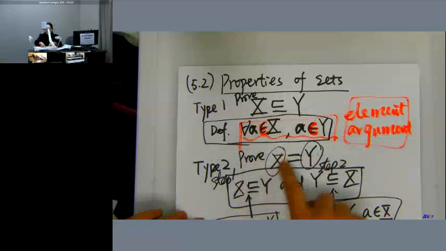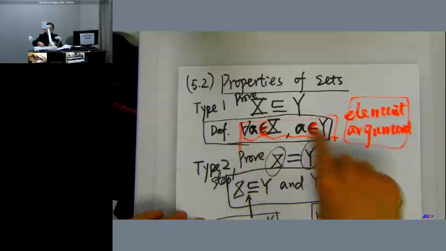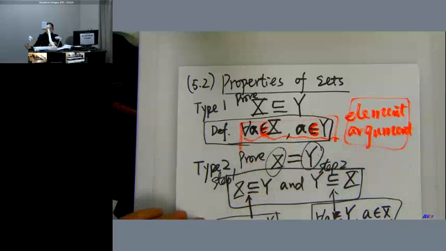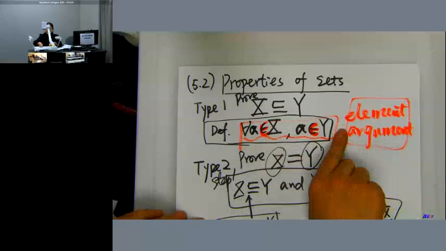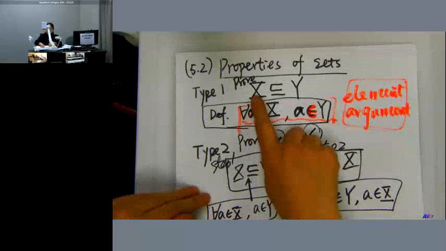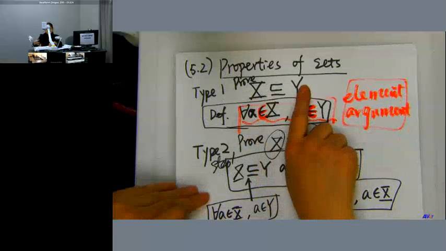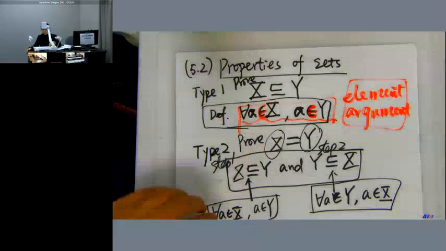You memorize the definition in a sentence, but when you write it down, you use symbols. It's not wrong to use sentences when you write down a proof. If you prefer words to symbols, you can, as long as you say it correctly. Have you all memorized the definition of subset without looking at your notes or the textbook?